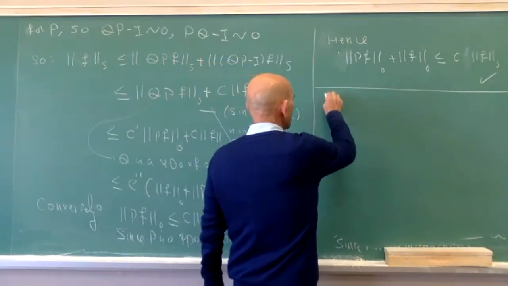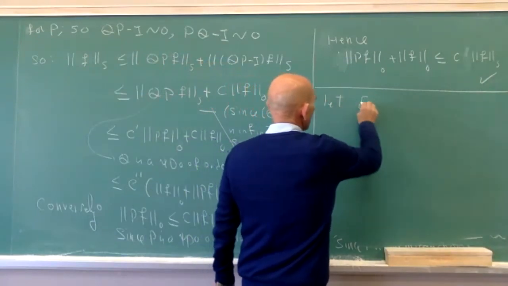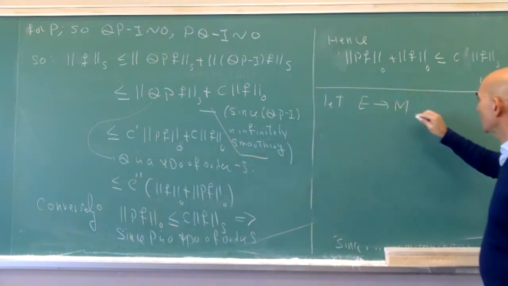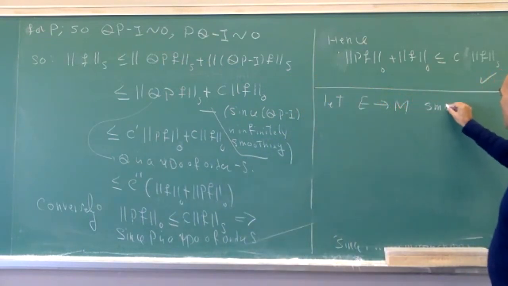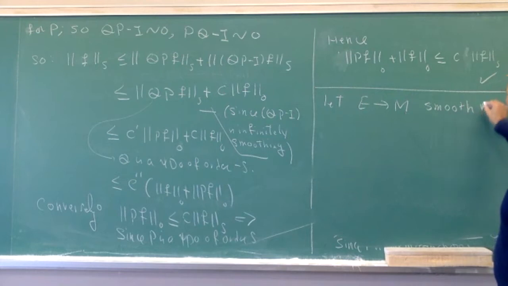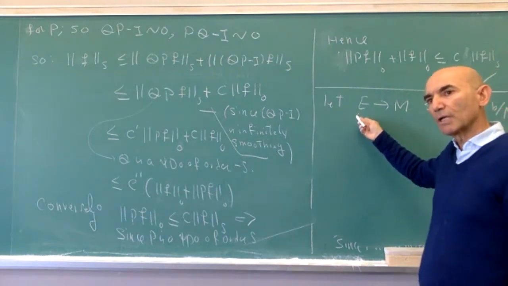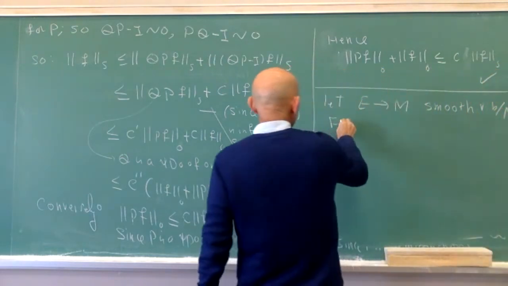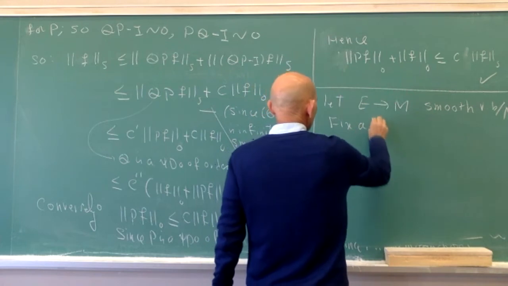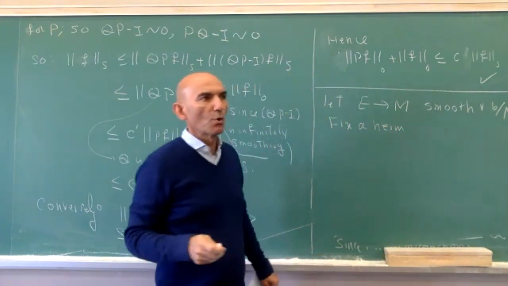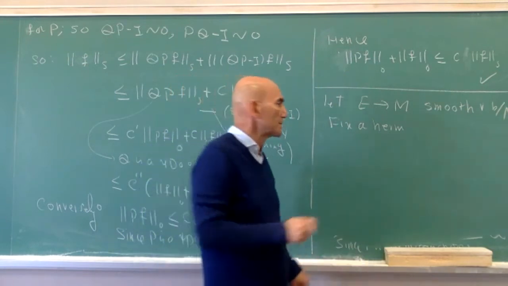So now let E over M be a smooth complex vector bundle over M. So we fix a Hermitian metric on E. Again, we have to choose a metric. There's no way around this, it seems.